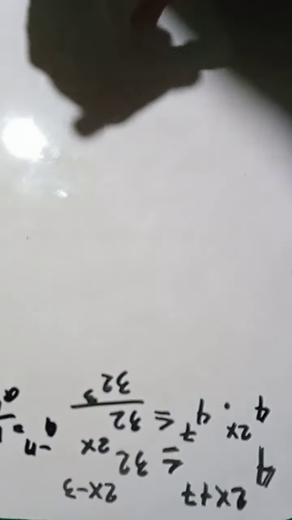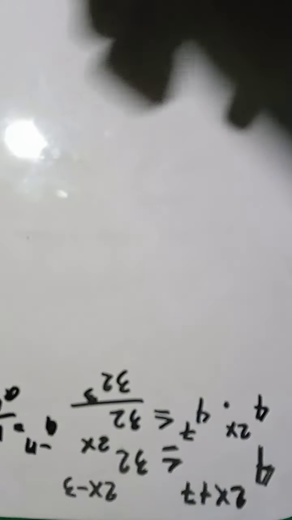That is applying the law of exponents, which is a raised to negative n is equal to 1 over a raised to n. That is the law on which this solving is based.